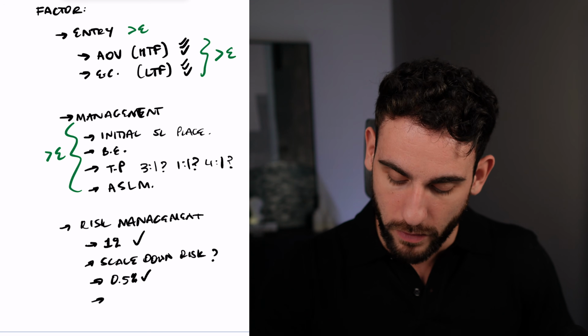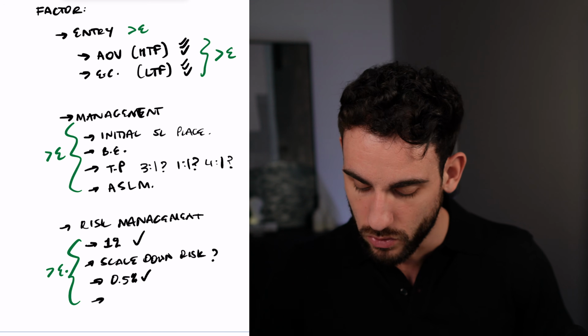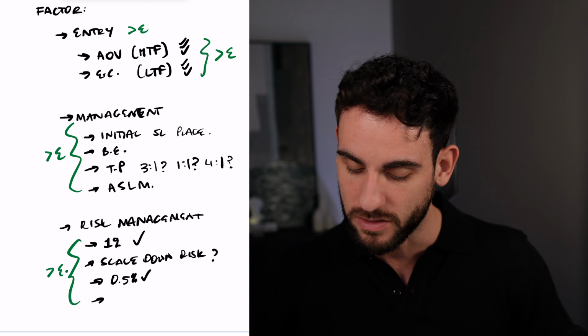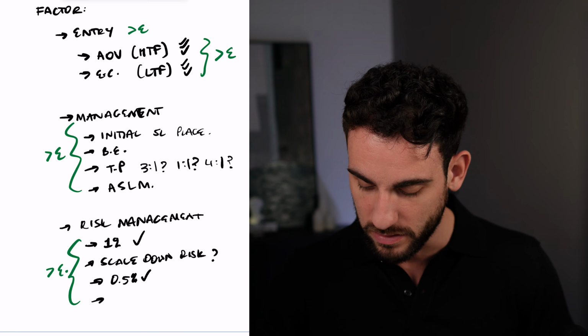But again, you want to figure out and you want to do the math and the statistics to test what will actually yield you a positive expectancy. That's really what you're focused on. You're looking at ensuring that you have a positive expectancy.